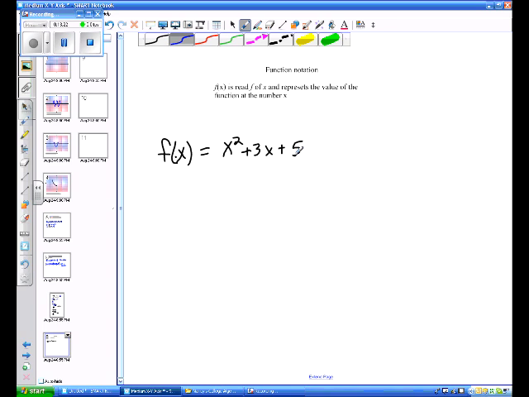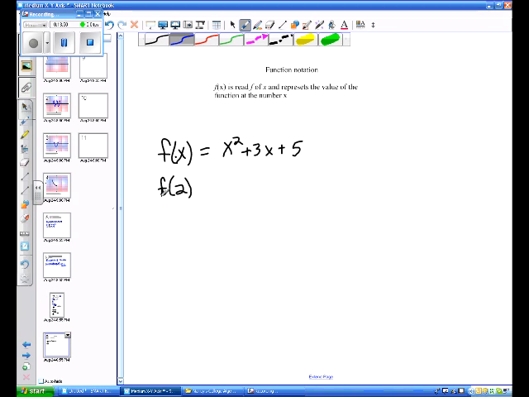Now what we want to do then is to evaluate this function at different values. So let's say we wanted to know what f of 2 is. Again, this is not f times 2. We're not going to be solving for f. This is a function. You can think of this letter as the name of the function, because we'll also talk about g of x and h of x, which means that they're different functions still in the variable x.